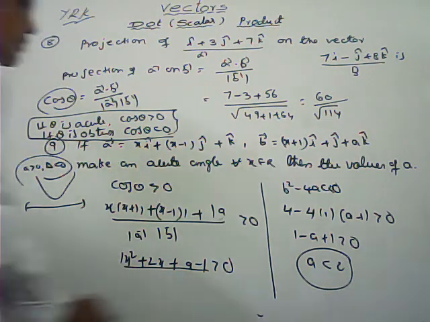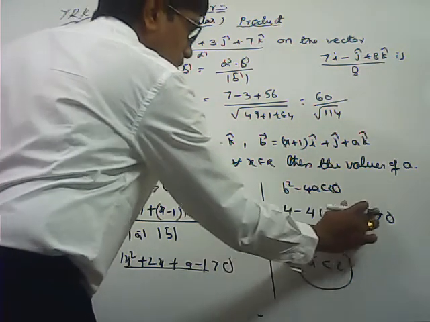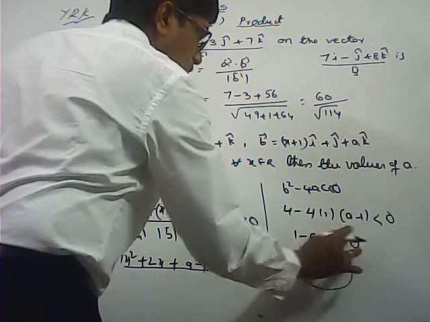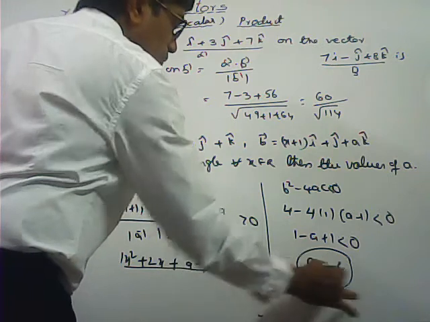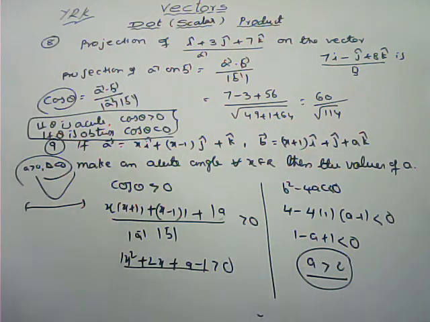Sorry, here b square minus 4 is less than 0 I have written, but this is wrong. Less than 0, then a is more than 2. For all the values of a more than 2, cos theta is always more than 0.